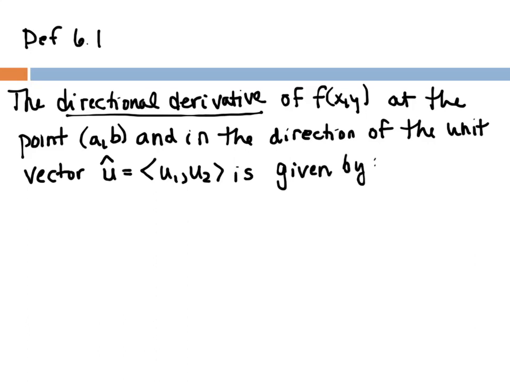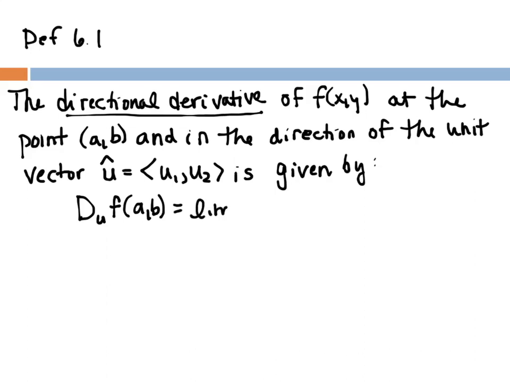the following equation. So we're going to do a capital D sub u, like a subscript down here, of our function f of a, b. Our function evaluated at a, b, let me say it that way.